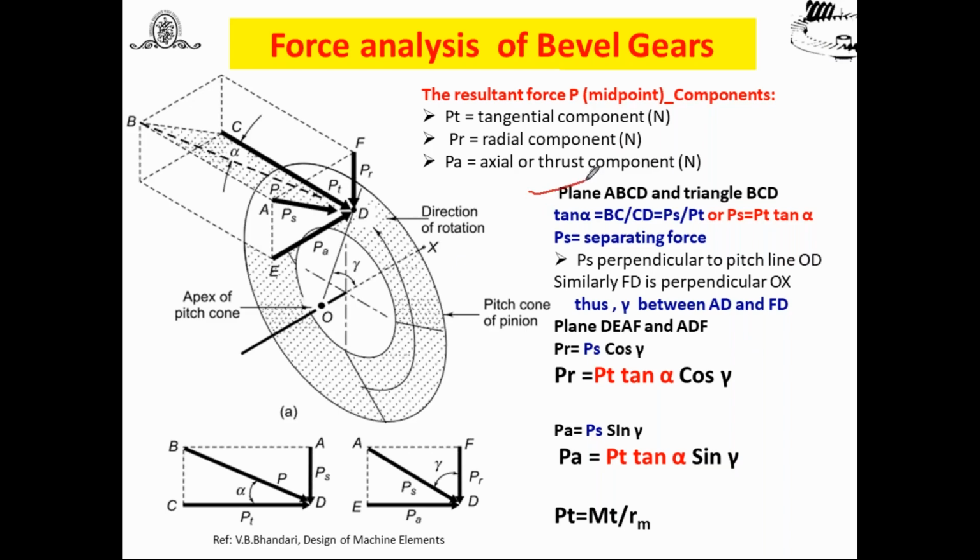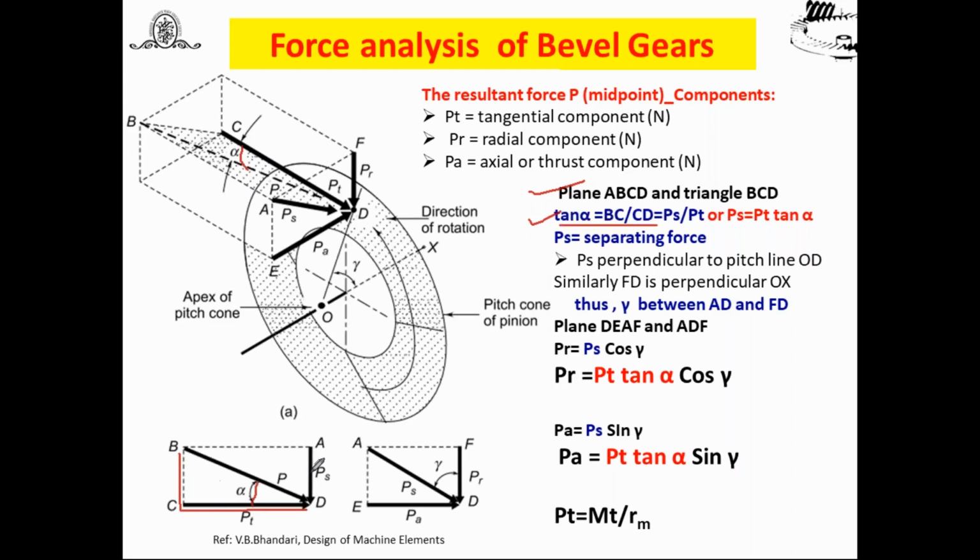Now consider the first one, the plane ABCD, and consider the triangle BCD. Here this makes an angle alpha, the pressure angle. Considering this, you can easily find tan alpha, which is BC upon CD. Here it is written tan alpha is equal to BC upon CD.